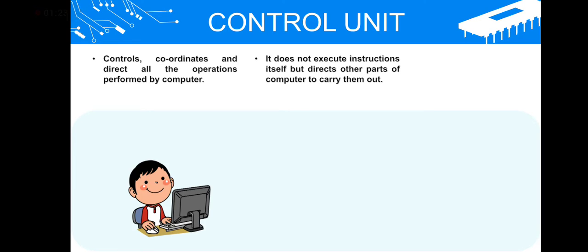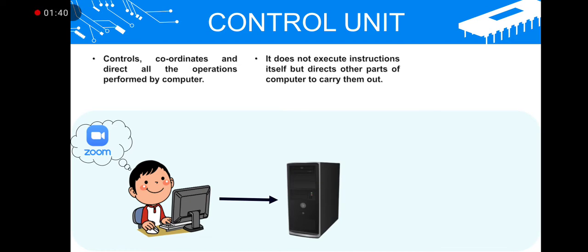Alright? Let's suppose you are on a computer and you wish to open a Zoom. How will you open a Zoom? Using the input device mouse, you will double click on the Zoom app. Instruction will go to the control unit. Instruction will go to the CPU.